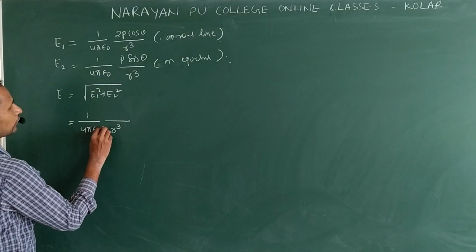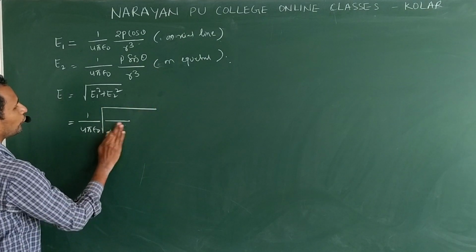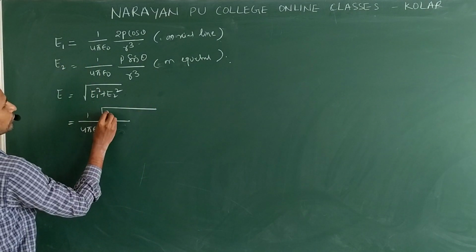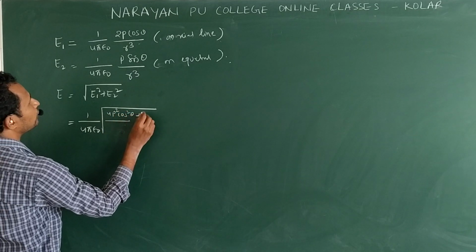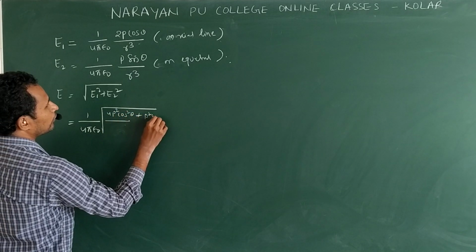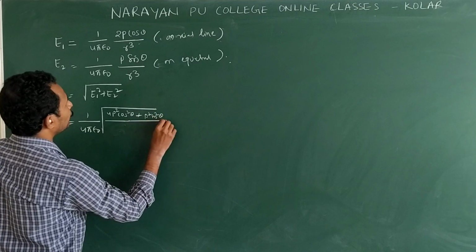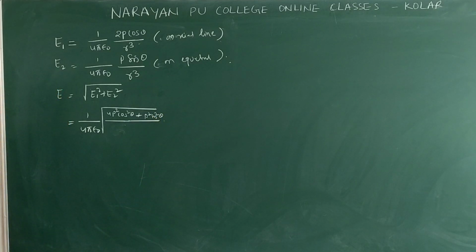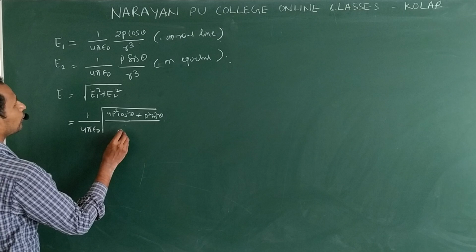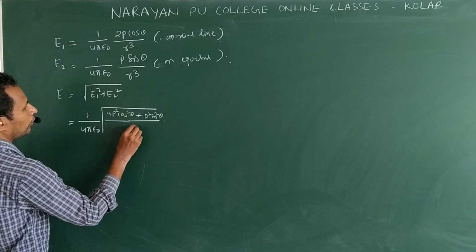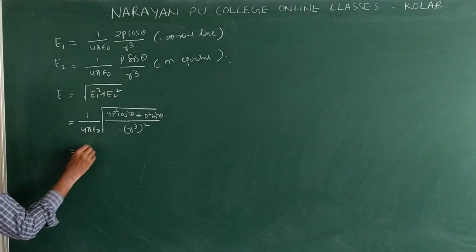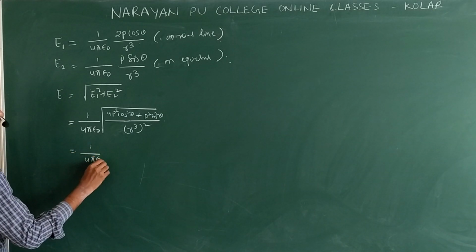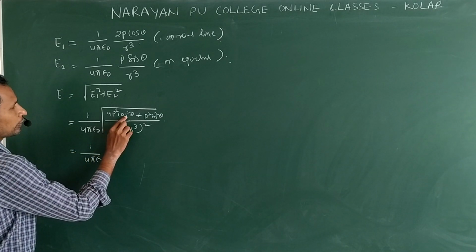Or you can write it under root of this. I take it common. This is 4p square cos square theta plus p square sin square theta by r cube whole square, and this is 1 by 4 pi epsilon naught. Clear?